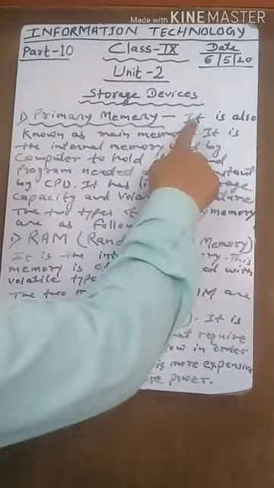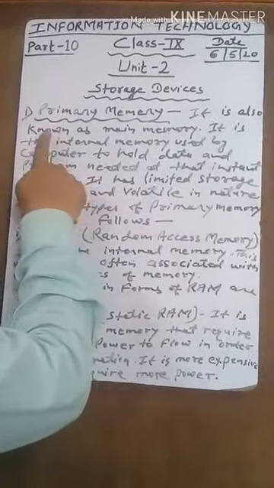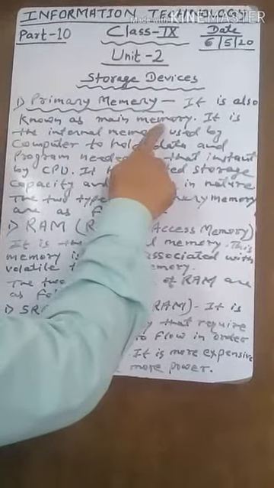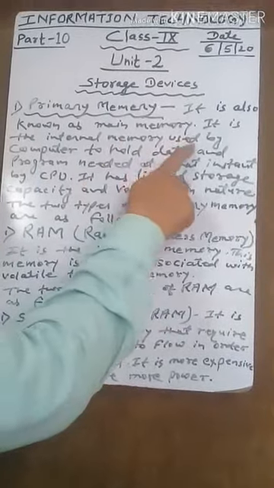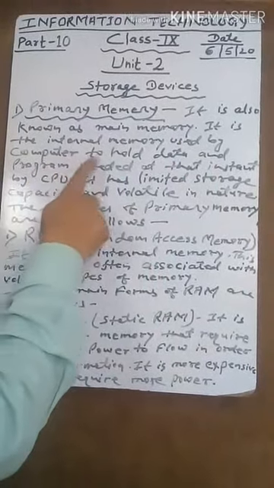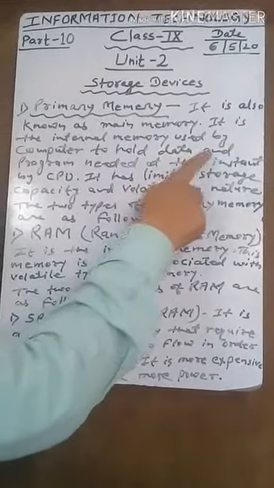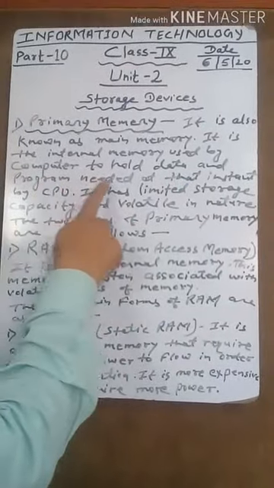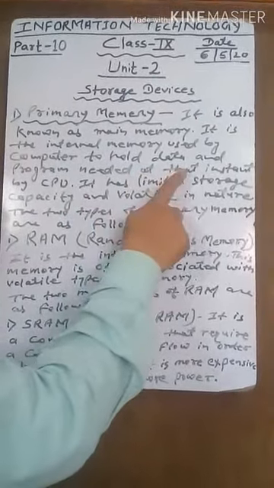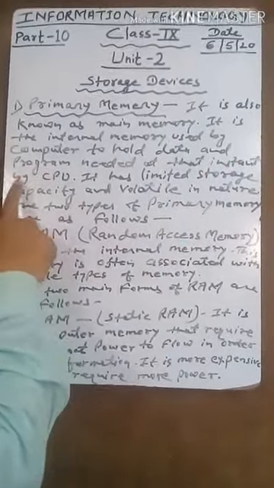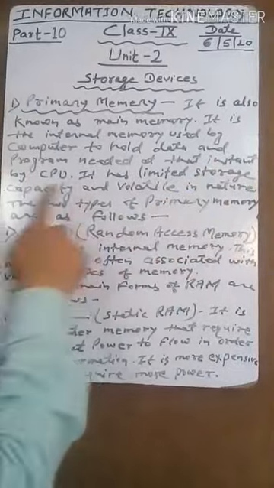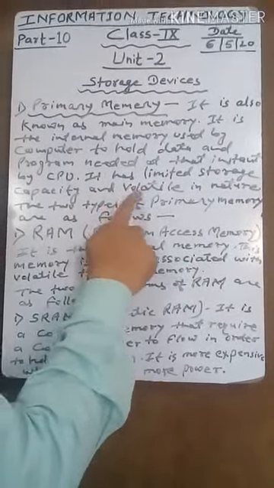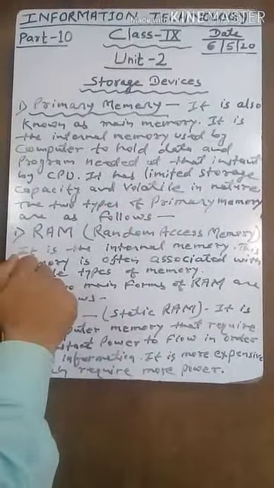Primary memory is also known as main memory. It is the internal memory used by the computer to hold data and programs needed at that instant by the CPU. It has limited storage capacity and is volatile in nature.